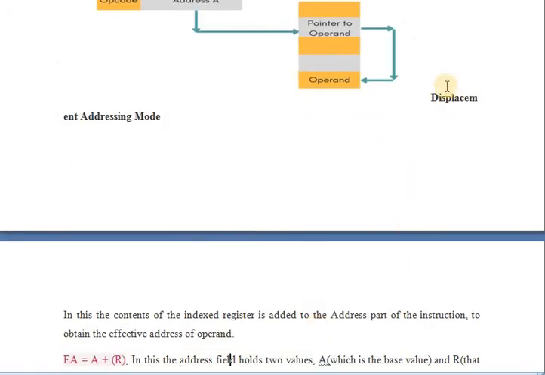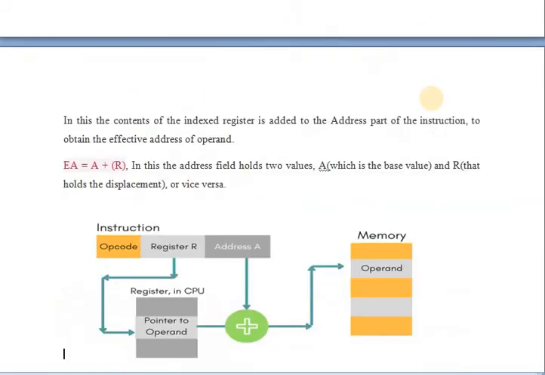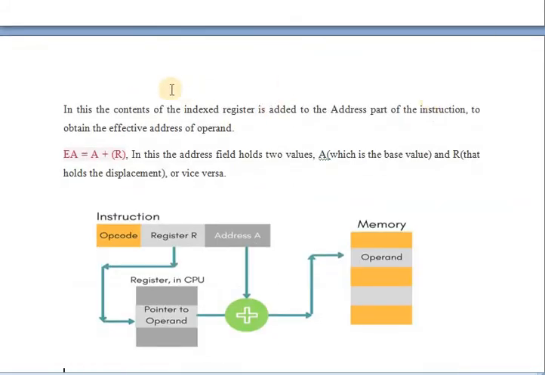Next, the displacement addressing mode. In this mode the content of the index register is added to the address part of the instruction to obtain the effective address of the operand.